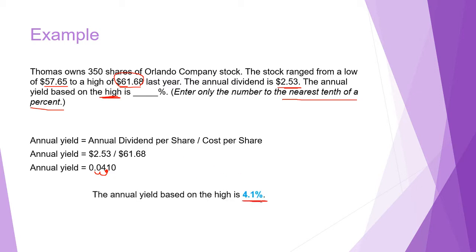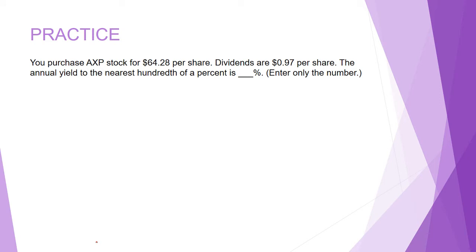That is why I have written 4.1%. Alright, I want you to try one out. Notice this one isn't giving us a high or a low, so you're just going to use the information given. So go ahead and try this out on your own, pause the video, and then resume when you have an answer.